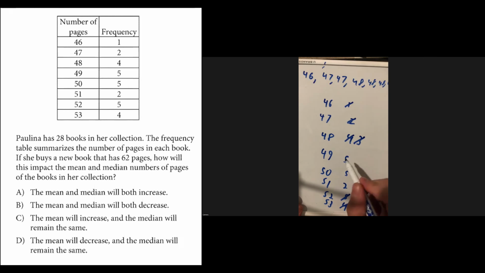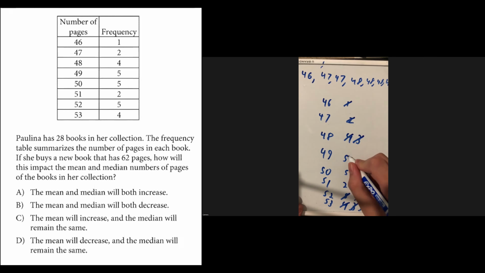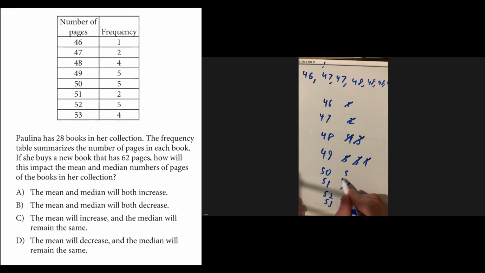We subtract these 2 from this 5, which means we have 3. We subtract this 2 from this 3, which gets us 1. And then we subtract this 1 from this 5, which gets us 4. So that means the median number is 50. That's how we would find the median number.